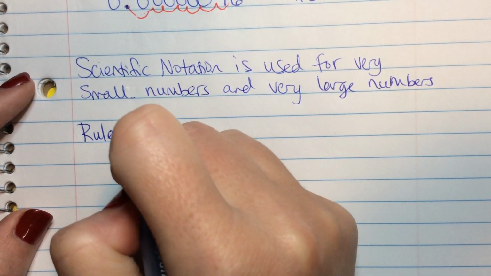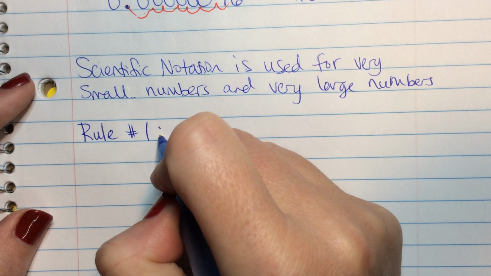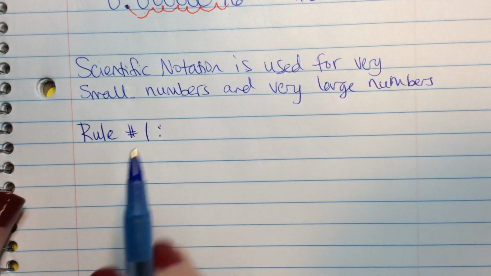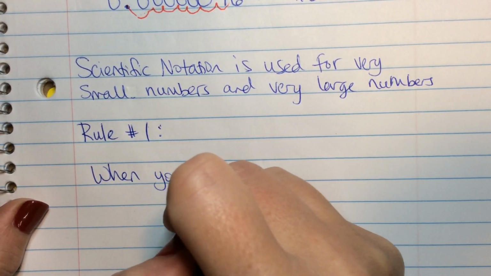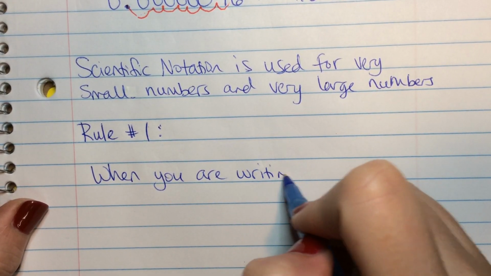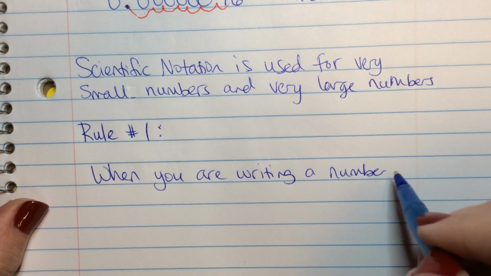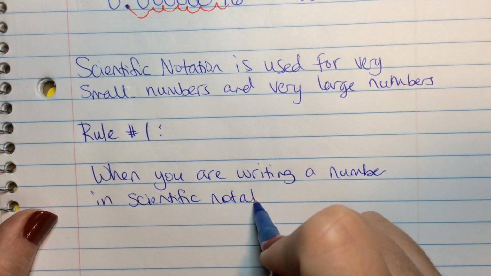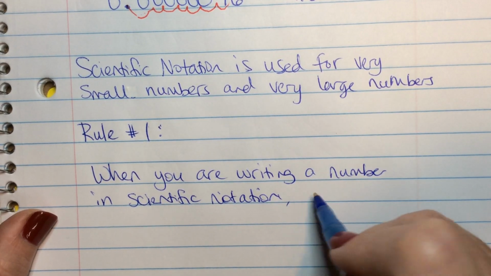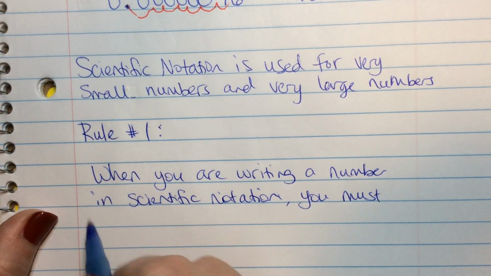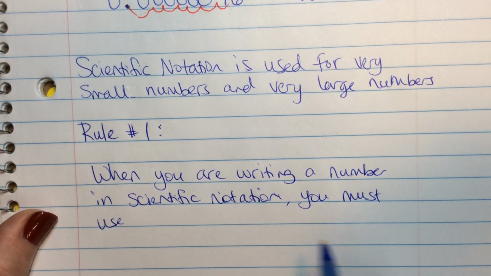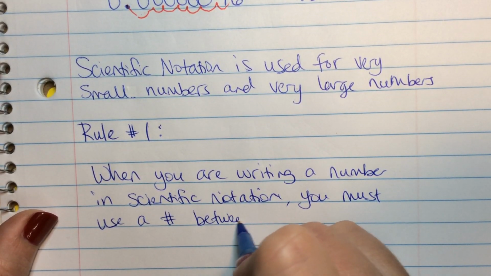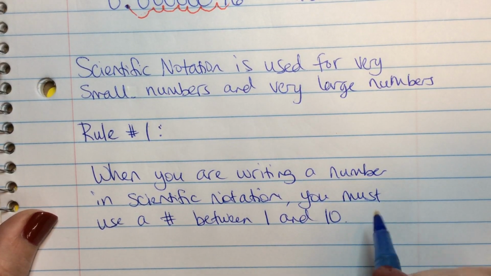Rule number 1. When you're writing a number in scientific notation, you must use a number between 1 and 10.